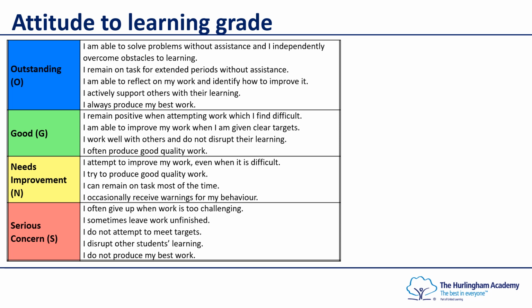Finally, students graded S may have gaps in their work and may have been sent to the APSC from these subjects to reflect on persistent poor behaviour. If your child has been graded N or S for their attitude to learning in any subject, please talk to them about how this could be improved.